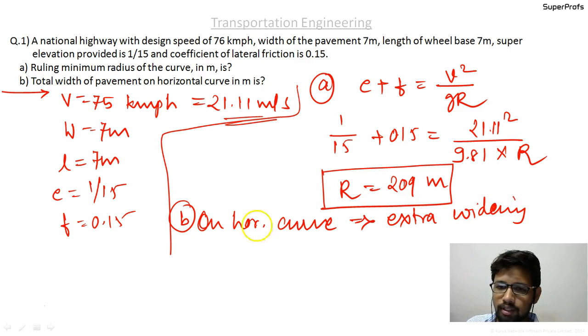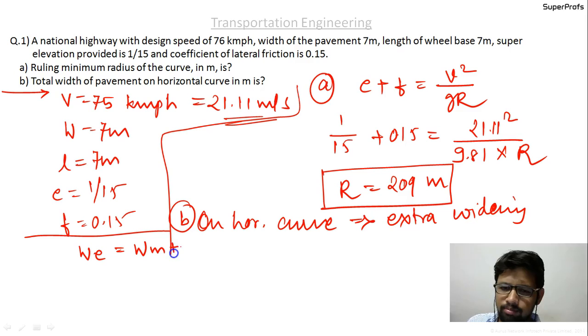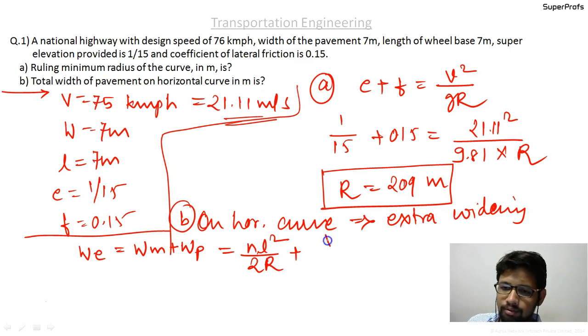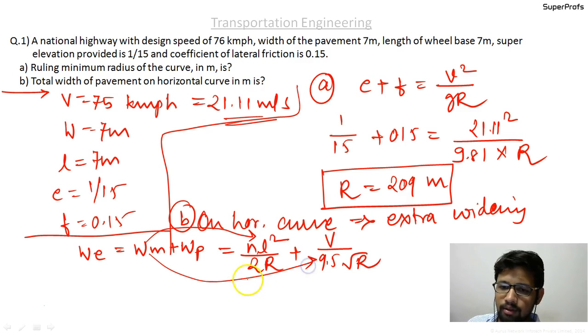So extra widening, that is WE, is given as Wm plus Wp, which is equal to NL square upon 2R plus capital V upon 9.5 root R. This is Wm and this is Wp.